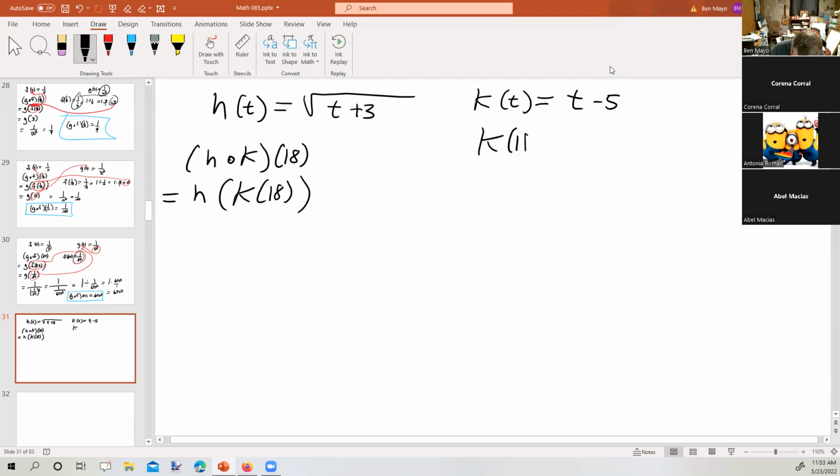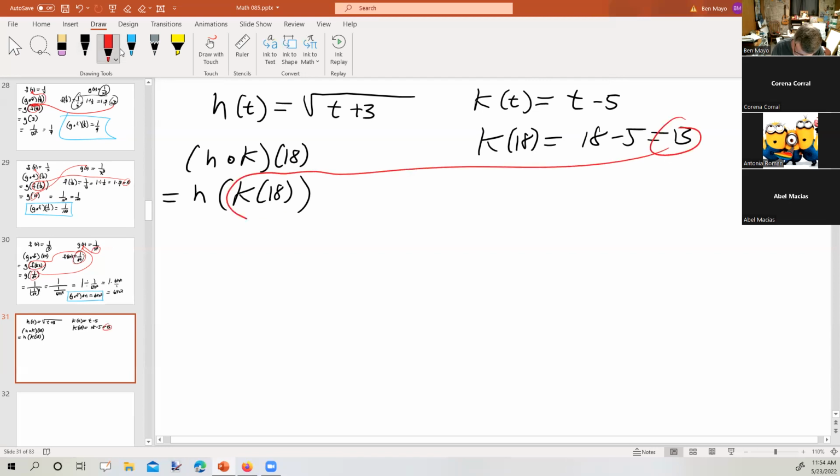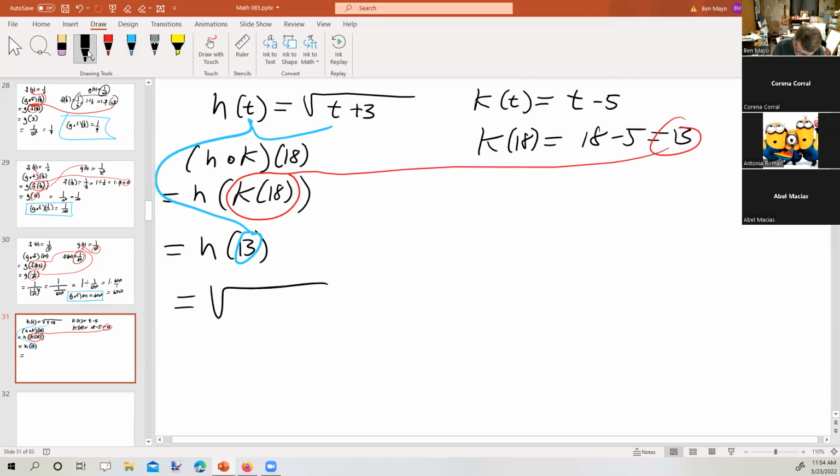But k of 18 is 18 minus 5, which is 13. So that's going to go in the place of k of 18. So h of k of 18 is h of 13. And that's going to go there and go there, which is going to be the square root of 13 plus 3, which is the square root of 16, which is 4.